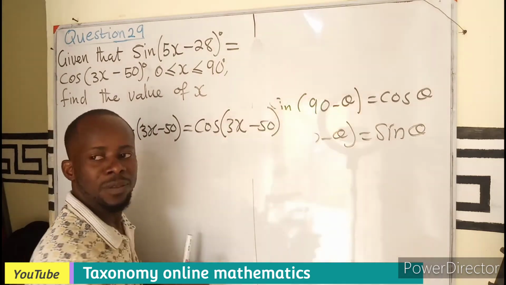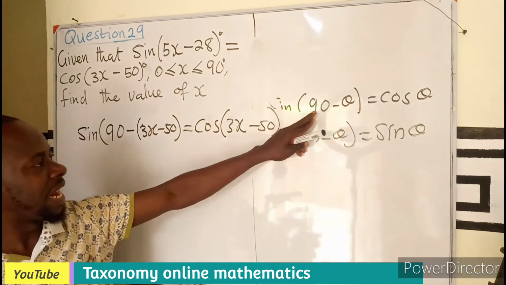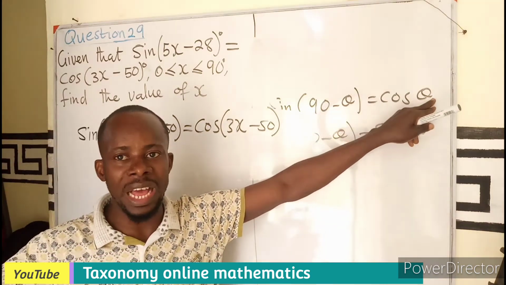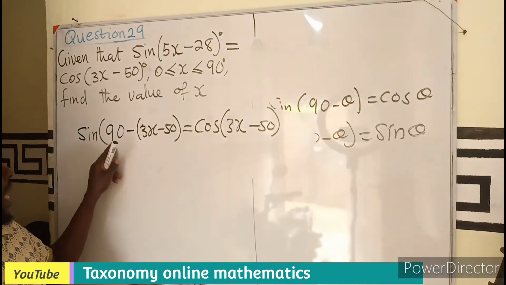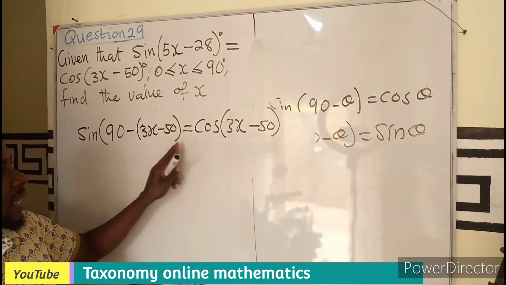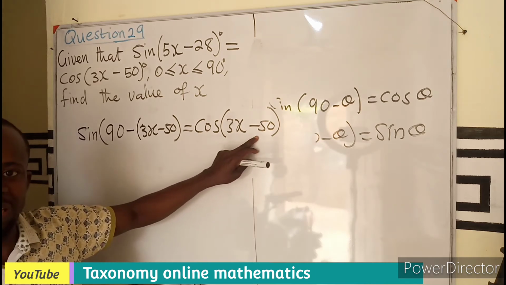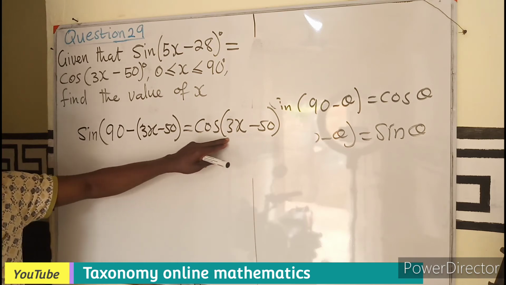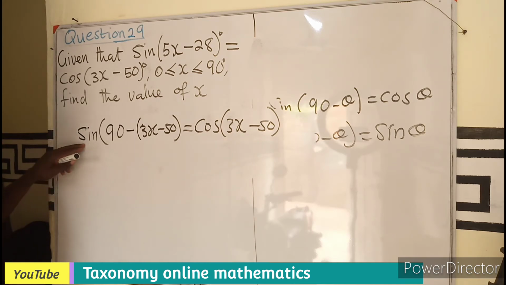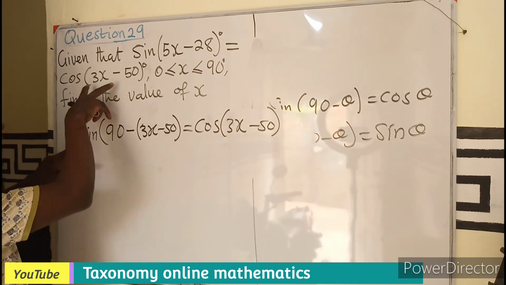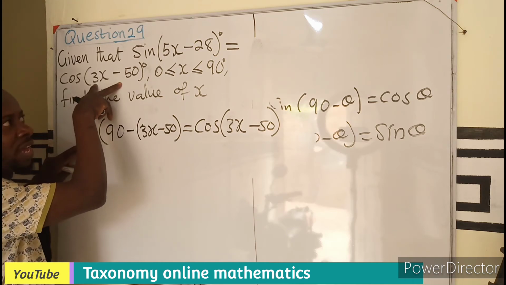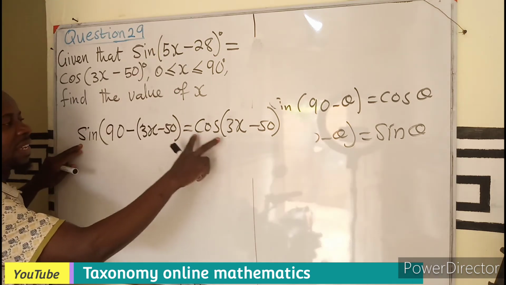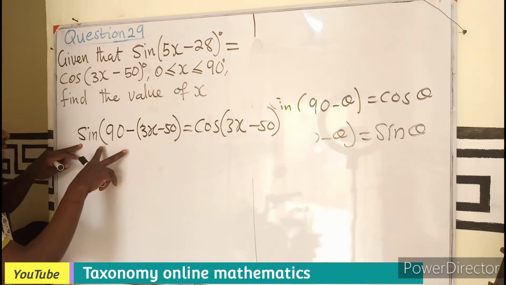Borrowing from here, we see sine of 90 minus theta equals cos theta. So that simply means that whenever I see cos of this, I can replace it with sine of this. Look at the right hand side of the equation.